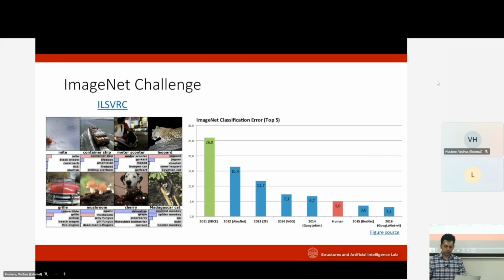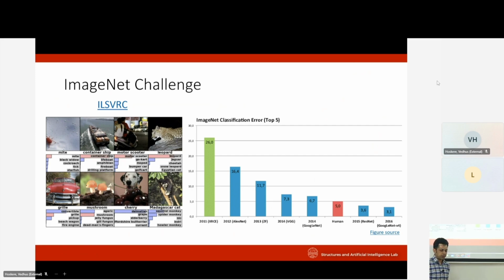Okay, so before 2012, most of the top performing methods for many computer vision tasks were handcrafted techniques, or non-deep learning techniques to be more specific.